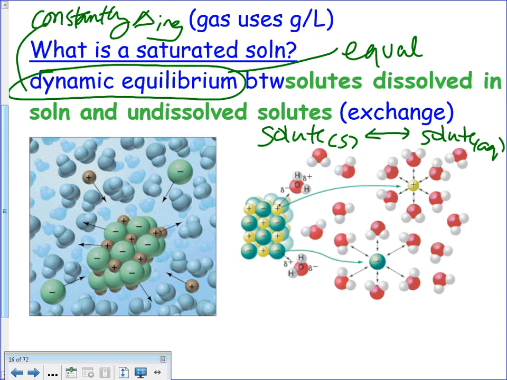So sometimes the solid will actually attract back, or the ion will attract back to its solid form, and it'll condense into solid, and then a water molecule will attack it and pull it off and go to aqueous. It's going back and forth, back and forth. That's why it's this double-headed arrow. And that's what dynamic equilibrium refers to. That's a term we'll use a lot. So that's what it says, solutes dissolved in solution and undissolved in solution.